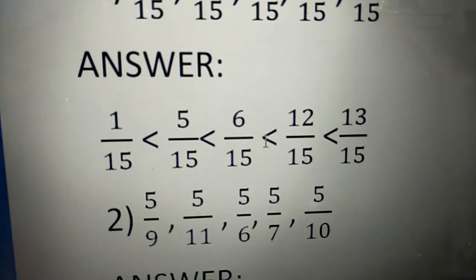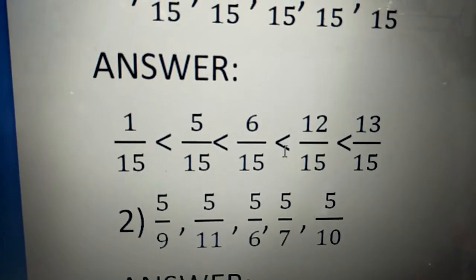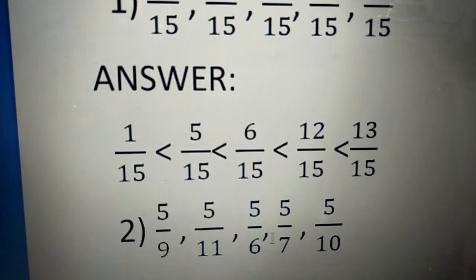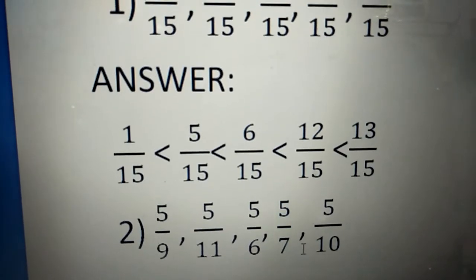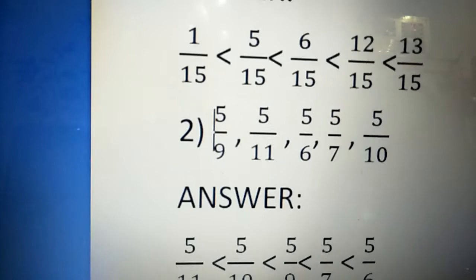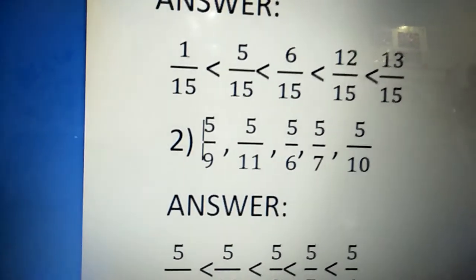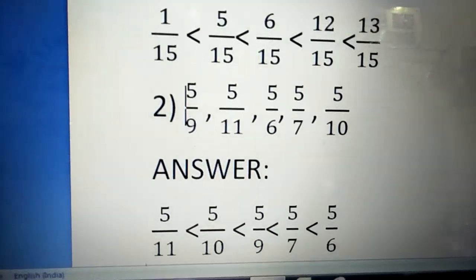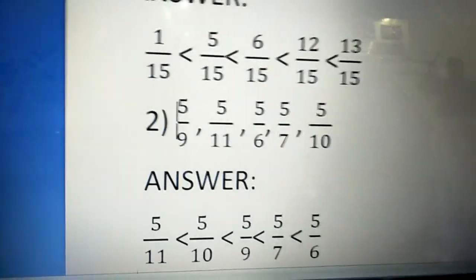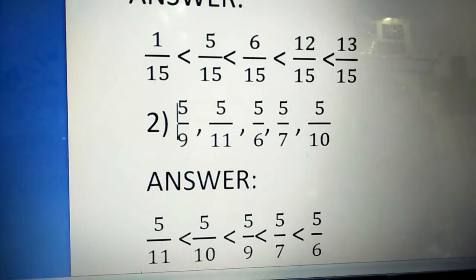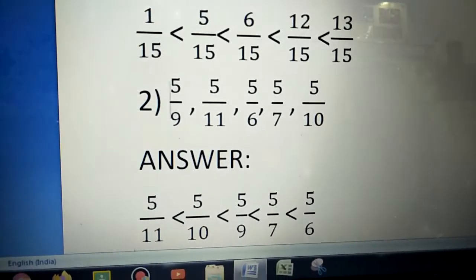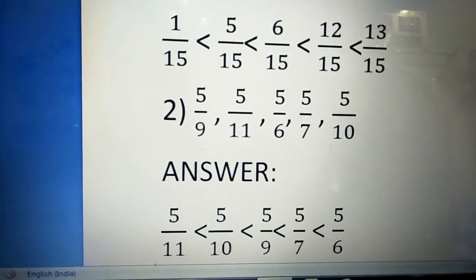Our second problem, 5 divided by 9, 5 divided by 11, 5 divided by 6 and 5 divided by 7 and 5 divided by 10. Children, this is very big process. We need to find LCM, then only we can find the greater, smaller fraction. But how do you write in shortcut method?